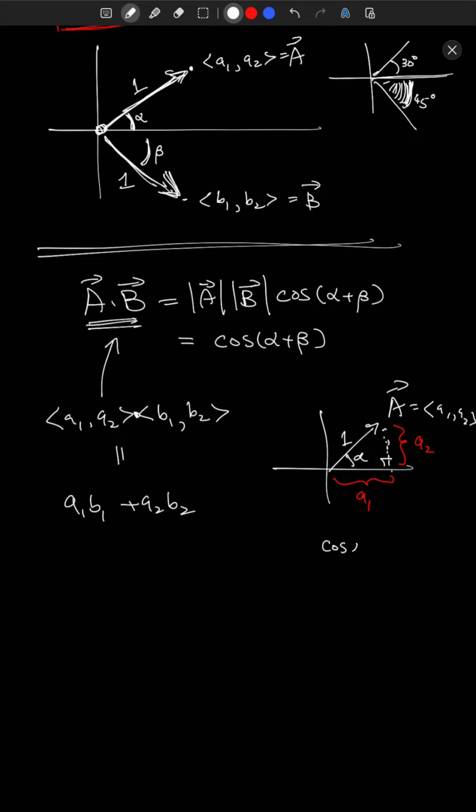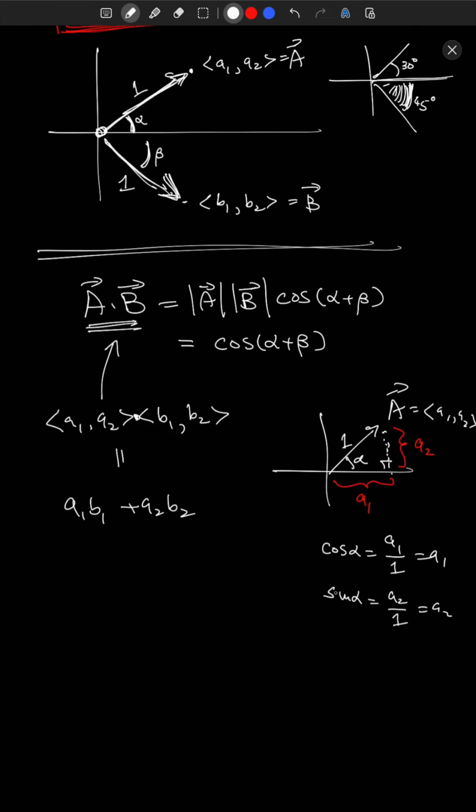So cosine of alpha is adjacent A1 over hypotenuse 1, which is just A1. Sine of alpha is A2 over 1, which is just A2. So A1 and A2 turn out to be just cosine alpha and sine alpha. In our expression down here, A1 is just cosine of alpha, and A2 is just sine of alpha.